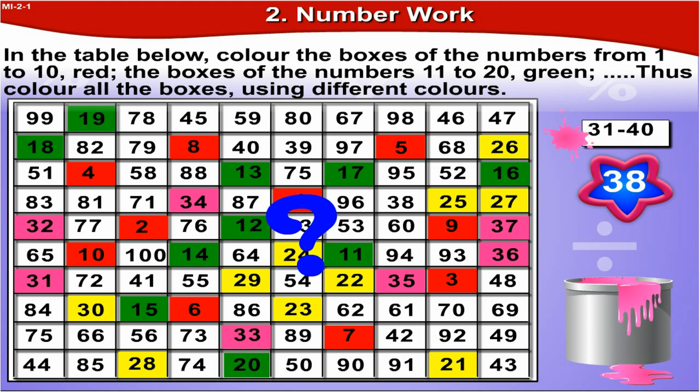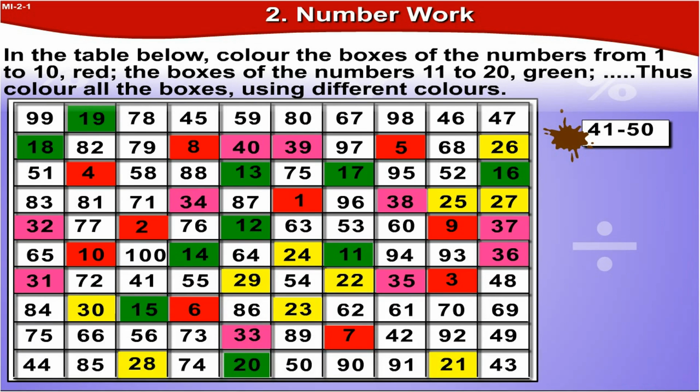So let us find out number 38. Here it is. Now color it pink. Now it is the turn of number 39. And once you find number 39, color the box containing number 39 pink. Let's find out number 40 and color it pink.